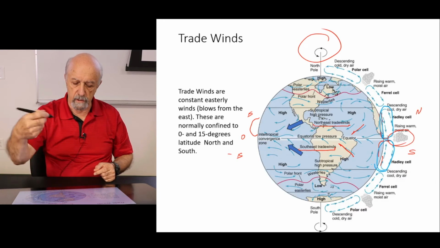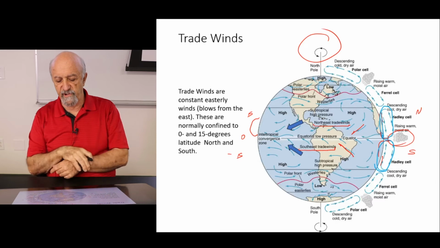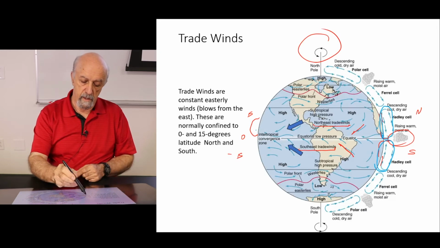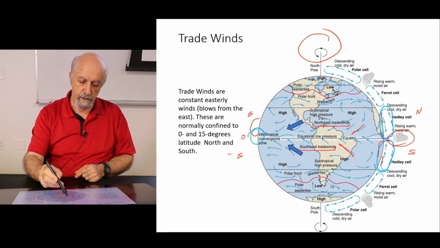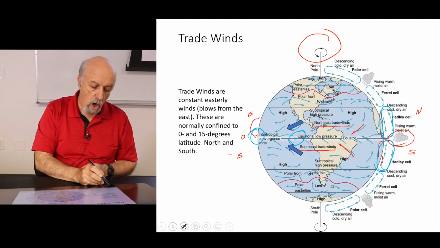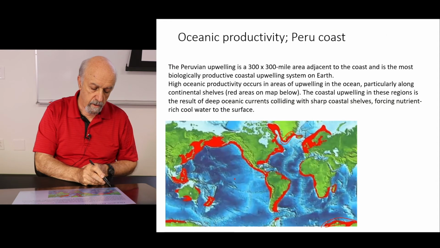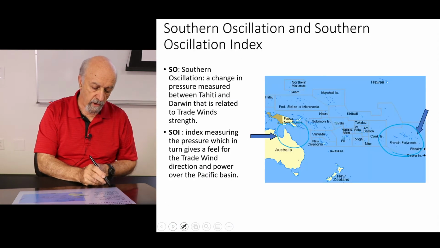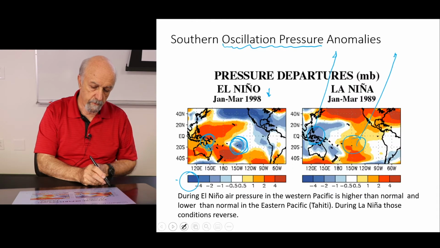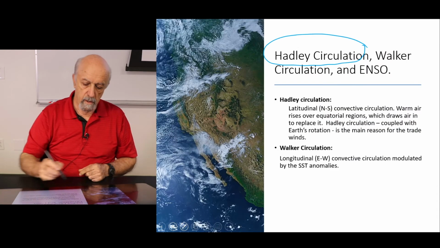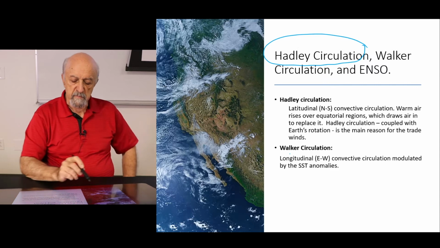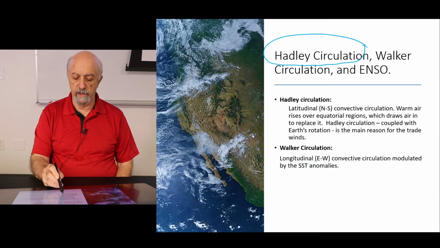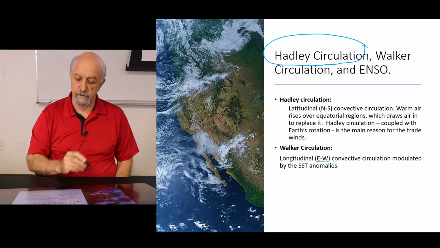That's the latitudinal direction. Now we're going to see something that goes from this direction into this direction. That's a longitudinal circulation cell, and it's called the Walker cell. The Walker circulation cell is going from east to west or west to east.